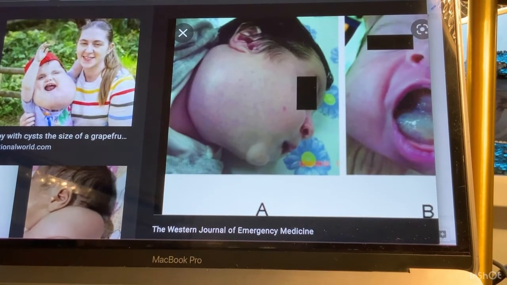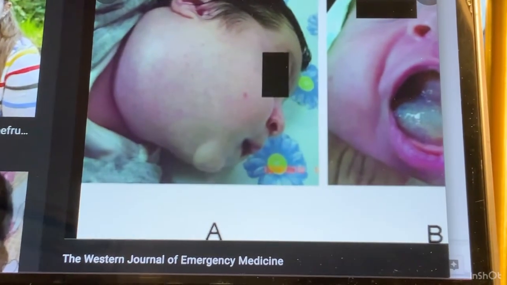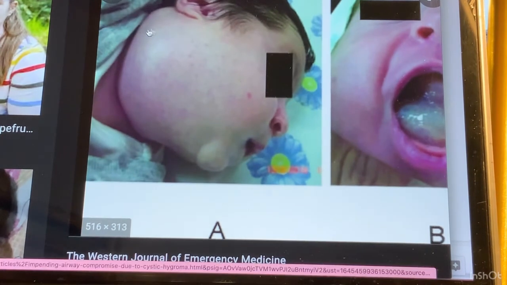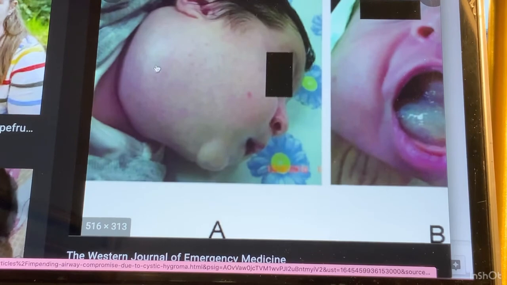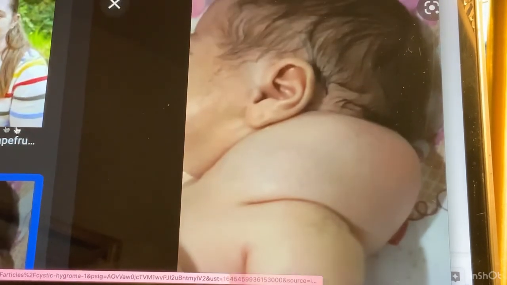This one was what I was talking about. This is a posterior neck swelling. Just focus on this one. So this is a posterior neck swelling all the way here. This is known as a cystic hygroma. Actually, this one might be a better example. Okay, here. This is a cystic hygroma.